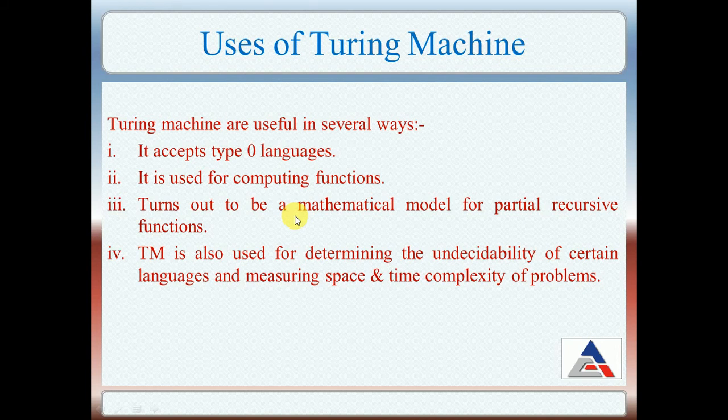Fourth, Turing machine is also used for determining undecidability of certain languages and measuring space and time complexity of problems. So how much space has been occupied by a particular problem, how much time a problem is taking to solve, that is called space and time complexity.